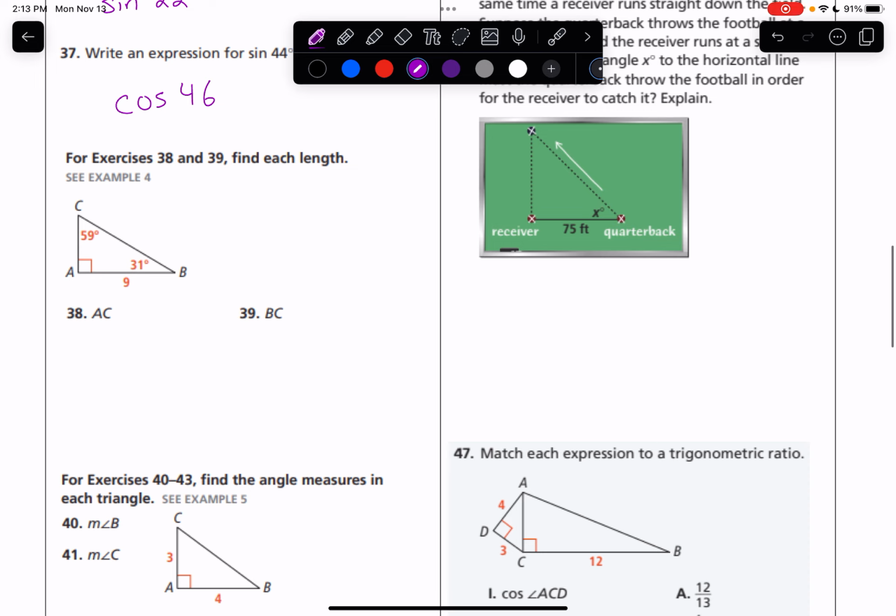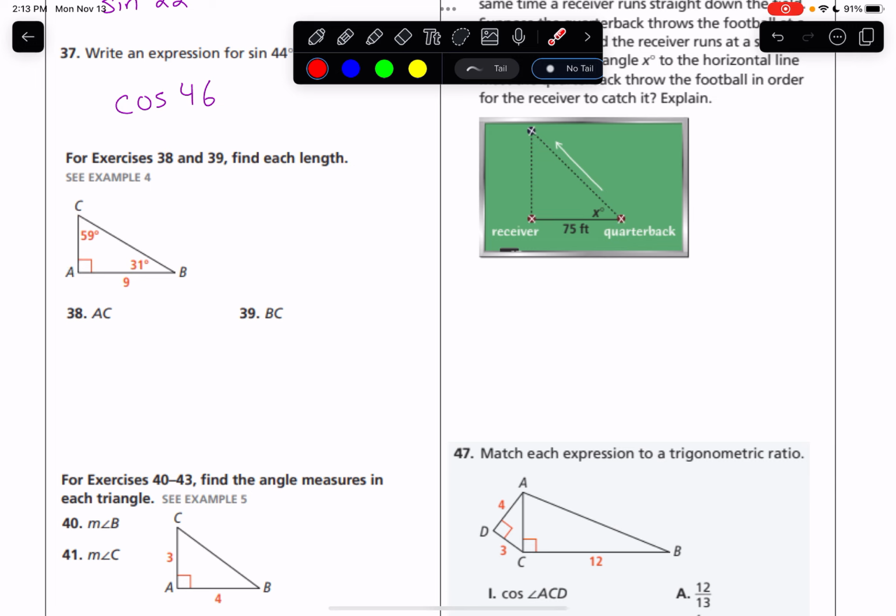Then 38 and 39, find each length. So to find the length of AC, I'm going to use trigonometry here, because AC is right here. It's the opposite side. Well, I guess it doesn't matter whether we think of the opposite or the adjacent. But when I look at this side, I like to think of maybe I'm standing on angle B. And if I stand on angle B, then opposite over adjacent is tangent.